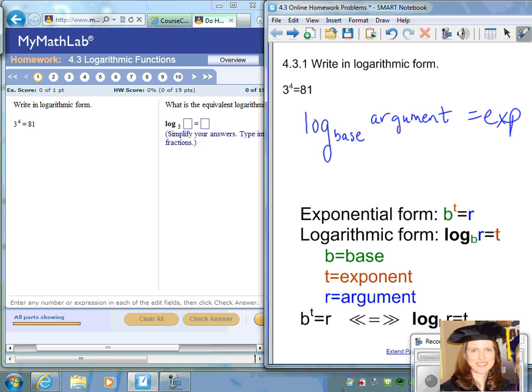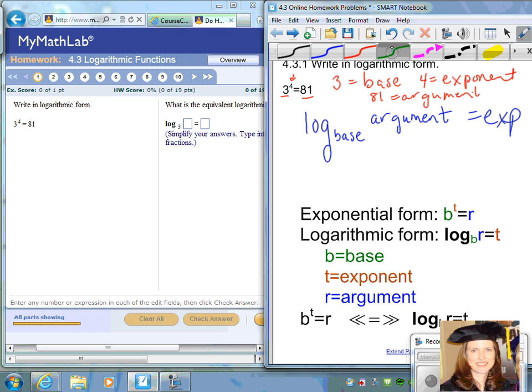So what we have here, 3 is our base, 4 is the exponent, and finally 81 is what we call the argument. Got to give it a name, so let's call it an argument.